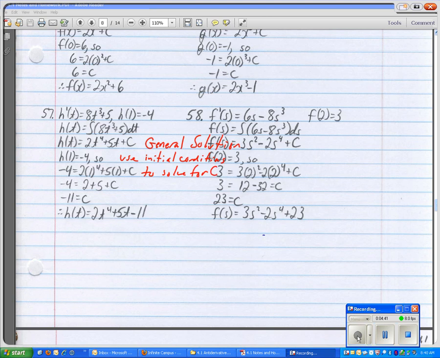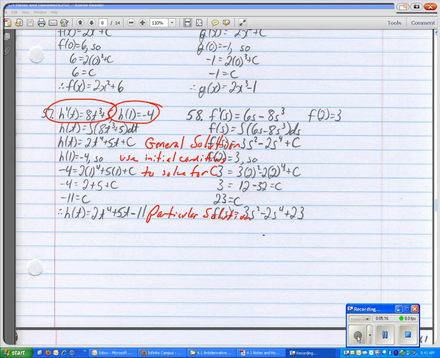Once you know what c is, you can get the particular solution. Now, the reason it's called particular is back just a few problems ago when we were given a derivative and we would draw two different functions that had that derivative, there's just one that has this derivative and this condition. So it's a particular answer now.